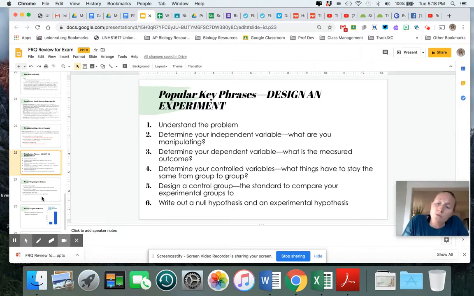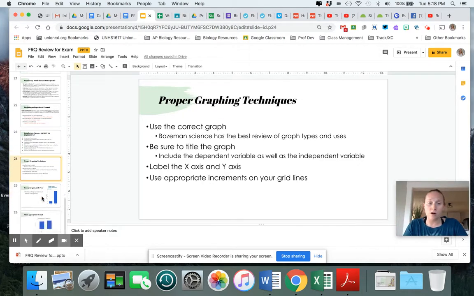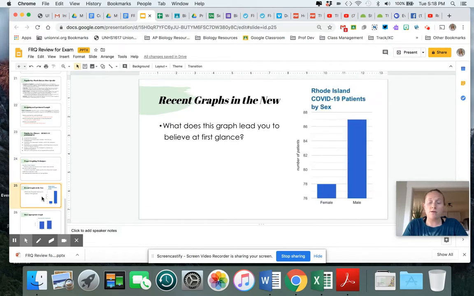And if it says to graph something, here's an example of one I found recently that I thought was so silly, okay? And you will lose points for doing this wrong. You guys know how to make graphs, again, from your lab reports very well. You know how to draw them out. This is a bad graph. From first glance, it doesn't look like a bad graph, okay?